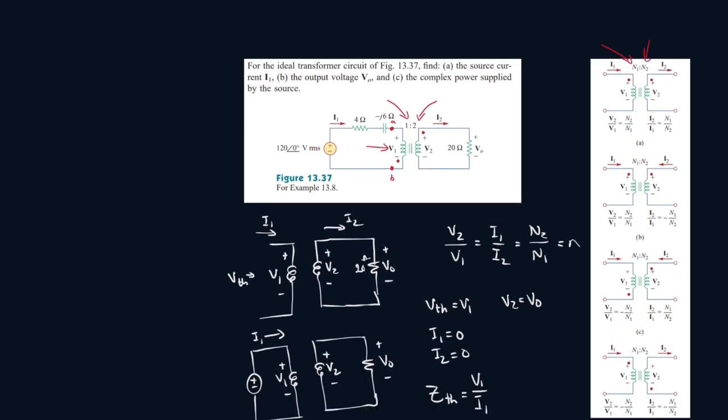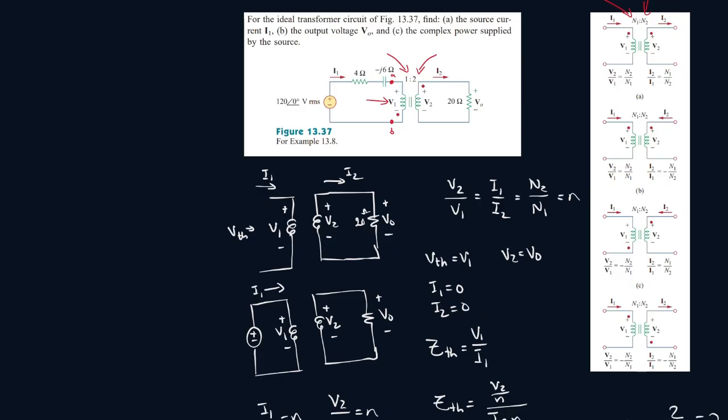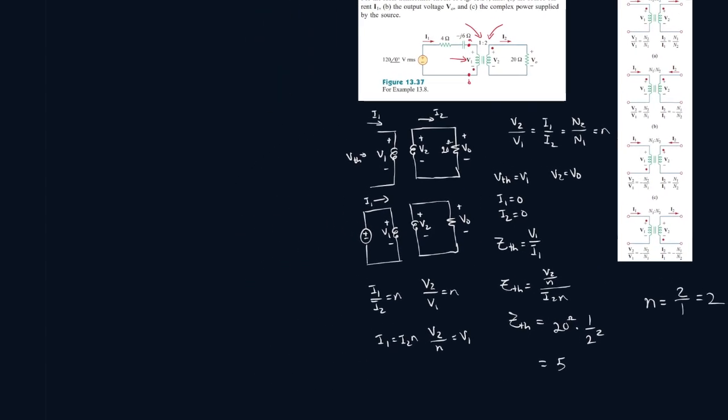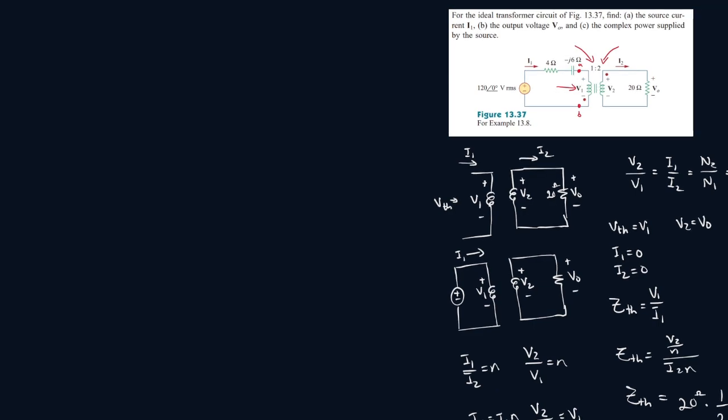Now we can find I1 and our output voltage. We are going to first draw the Thevenin circuit. Obviously it's the load we removed, so 4 ohms here and minus 6j ohms, because this part of the circuit we removed, so we include it in our Thevenin circuit.